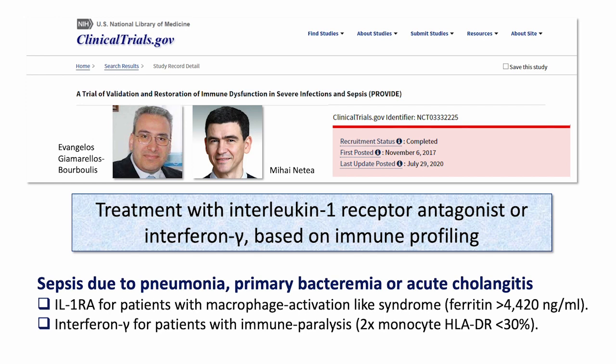So ferritin was used to identify patients that might benefit from interleukin-1 receptor antagonist because they were considered to suffer from the macrophage activation-like syndrome, and interferon gamma was given to patients which showed signs of immune suppression based on reduced monocyte HLA-DR expression. This trial was led by Evangelos Giamarellos-Bourboulis together with Mihai Netea, and the results have not been published yet.